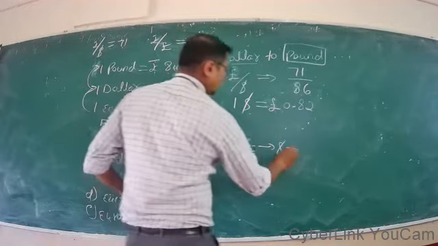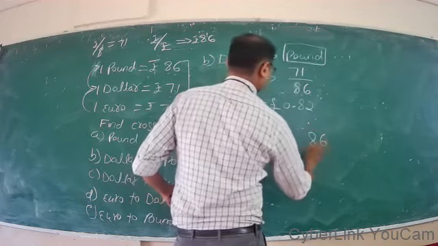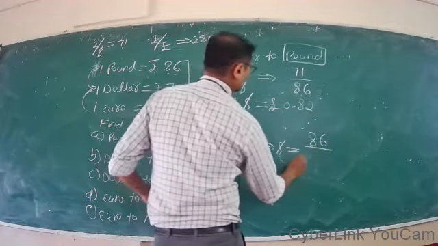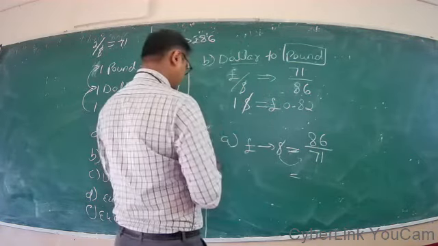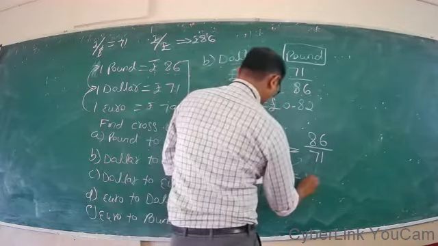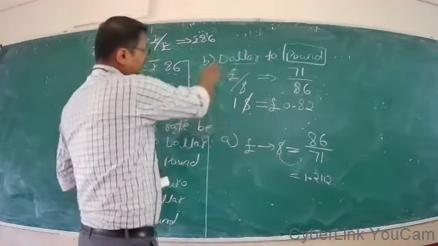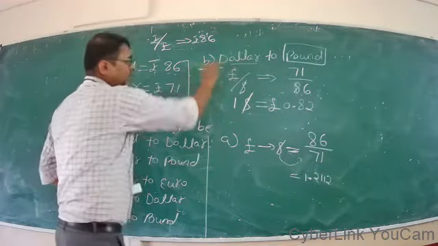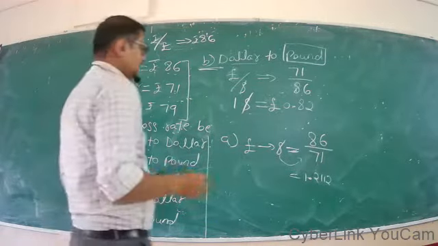We solved that: sterling pound is worth 86, which becomes the numerator, and the second currency is 71. So we got the answer as 86 divided by 71, that is 1.2112. Straight away you can calculate this question with the help of 1.2112. So how?